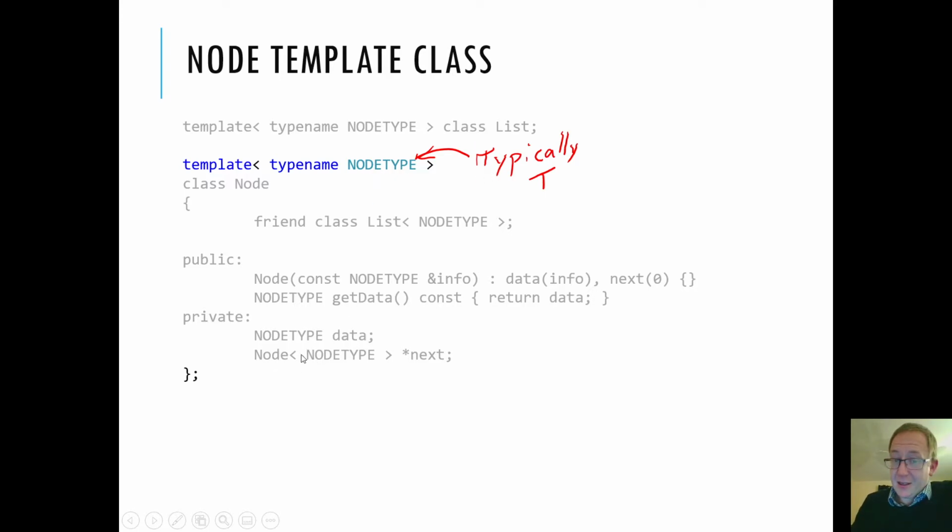And my next is a node of type node type. What you'll notice is when we're looking at the code, every single time I deal with a node or a linked list or anything that's templated, I put the type of data it is behind it. So if it's a linked list that takes in a data type T, then each node takes in a type T. And every time I say node, it'll have that T in there.